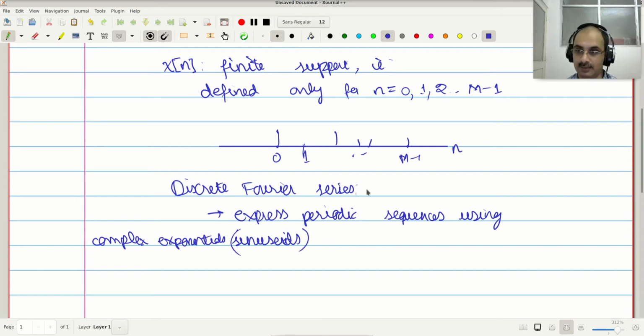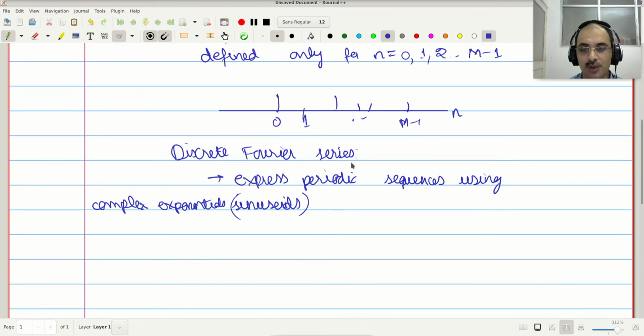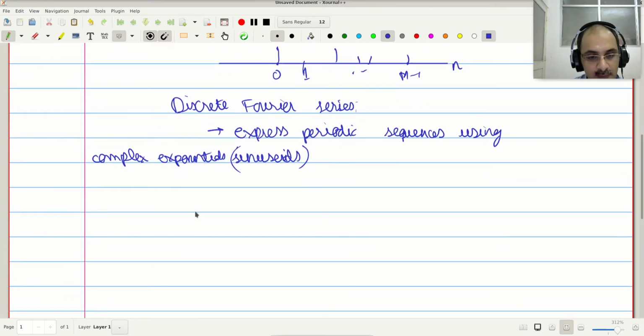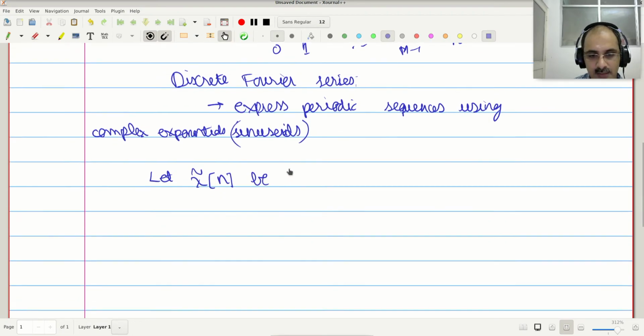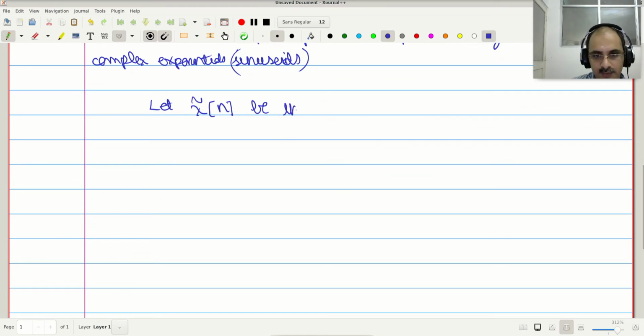Now this can be done. How? Here is what I'm going to do. I'm first going to take the periodic extension of this x[n]. So we define x tilde of n. What does that mean?